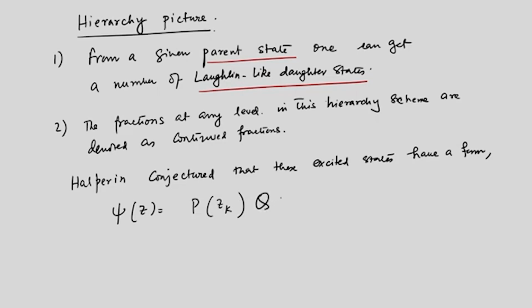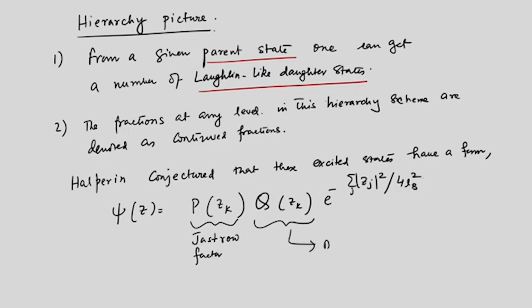And then there is a Q, which is again a function of z_k, and the ubiquitous Gaussian would of course be there. Okay, we are familiar with this. This is a Jastrow factor, and this accounts for quasi-particle and quasi-hole excitations.